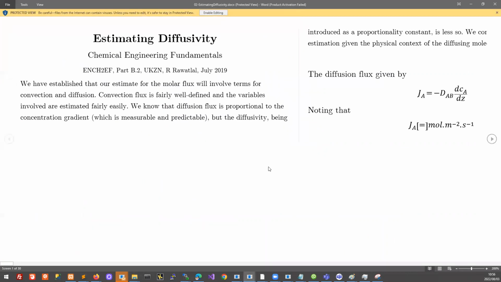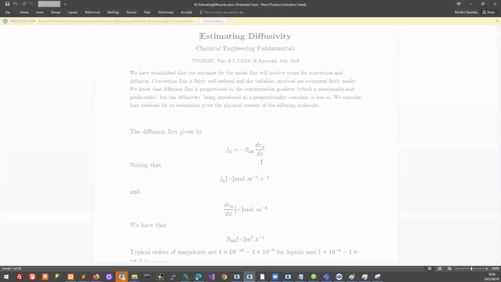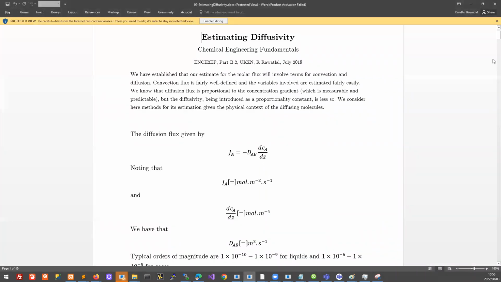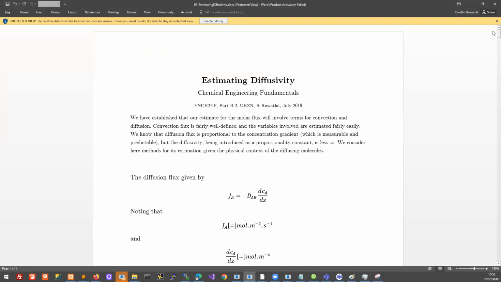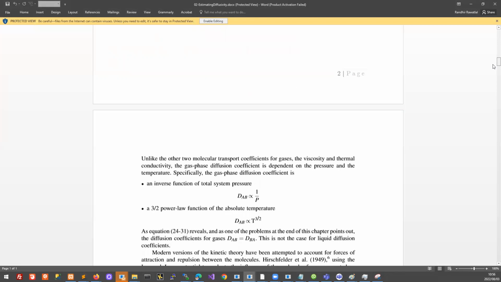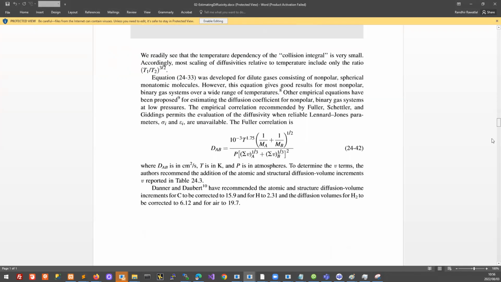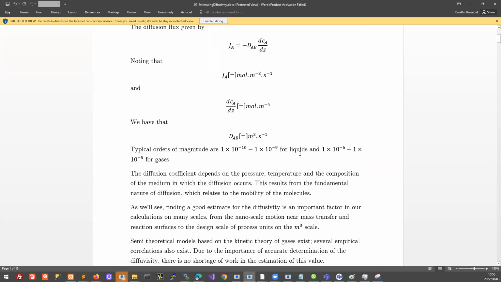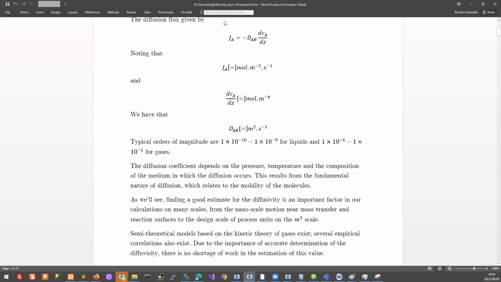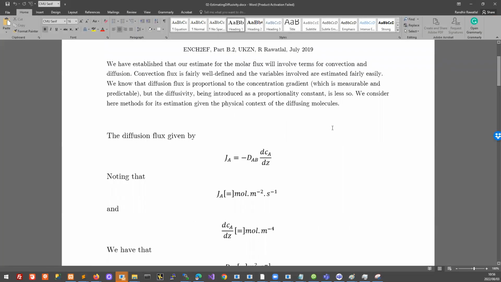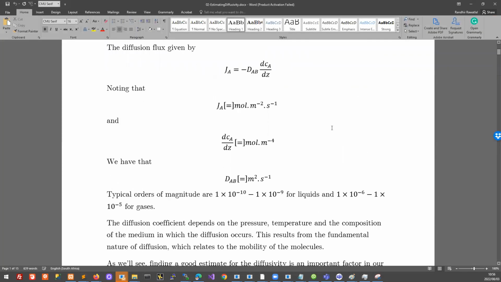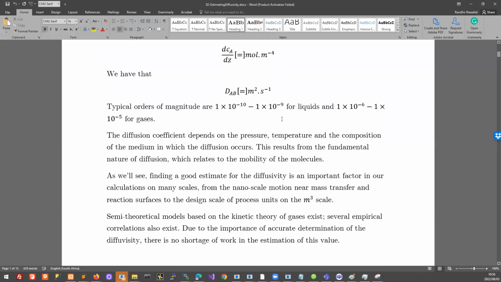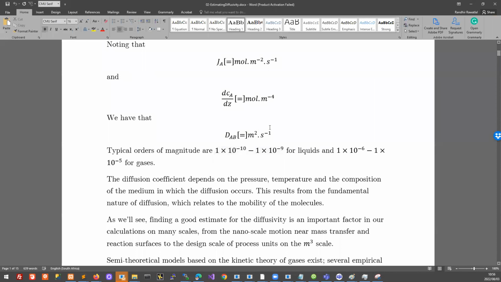Okay, so this section is a fairly extensive set of notes, but I don't really intend going into exactly what each of these correlations mean, because we are not trying to get into the physics of how you estimate diffusivity.